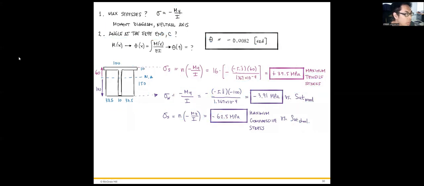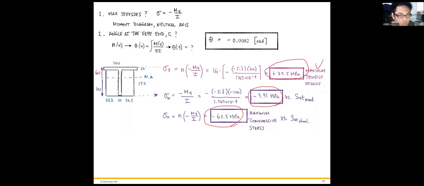So we have three values: 37.5 in tension, 3.9 in compression, and 62.5 megapascal in compression. Therefore, for the top surface, 37.5 is the maximum tension.